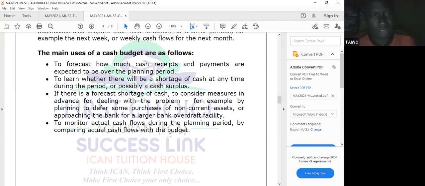All these are what you need to know about the uses of the cash budget.